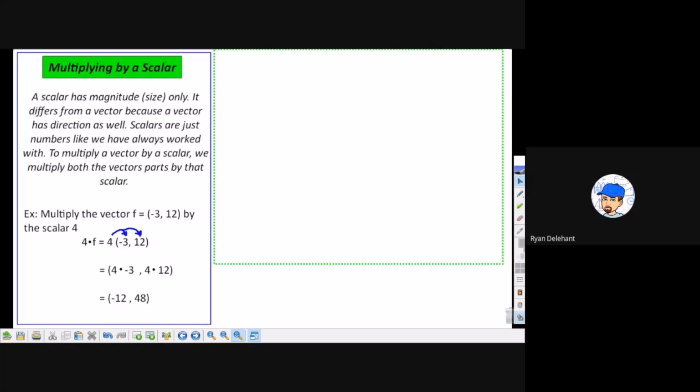Now, on something I linked to you guys in the notes in Canvas, it gives you a good way to expand that, but I can't draw a really good picture of that on our screen. I guess I can try.